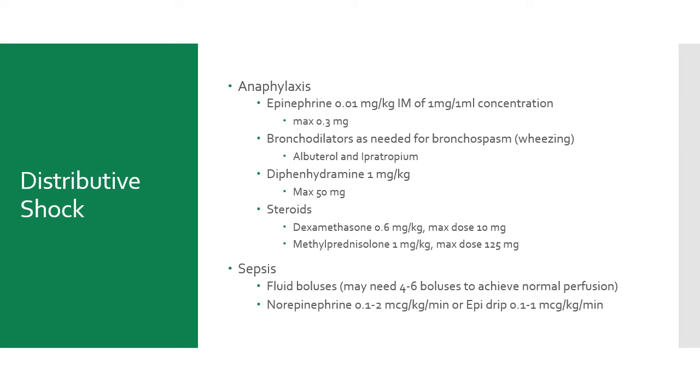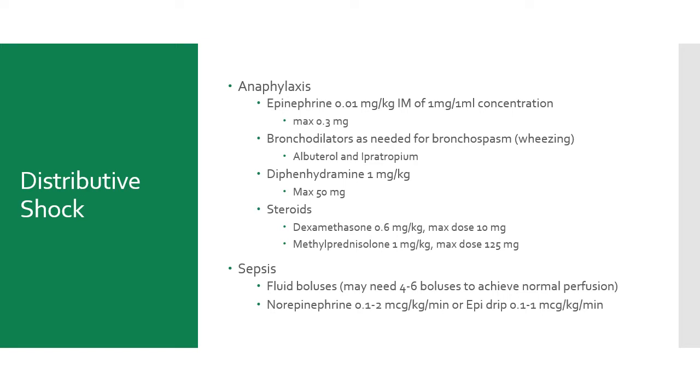Dexamethasone is dosed at 0.6 milligrams per kilogram with a max dose of 10, and methylprednisolone, Solu-Medrol, at 1 milligram per kilogram with a max dose of 125, which is the adult dose.